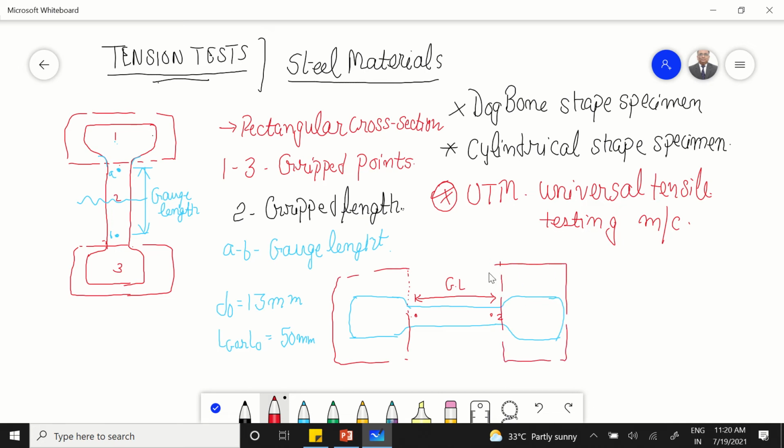Normally in UTM, in the grip region, we use ball and socket joints, which have some initial threads or grooves inside them.